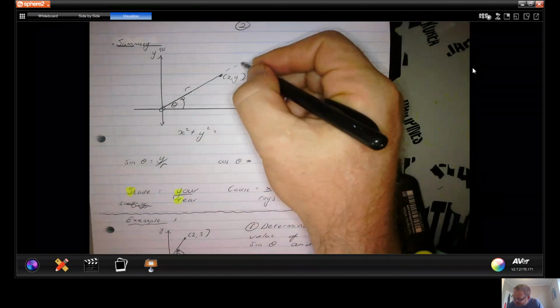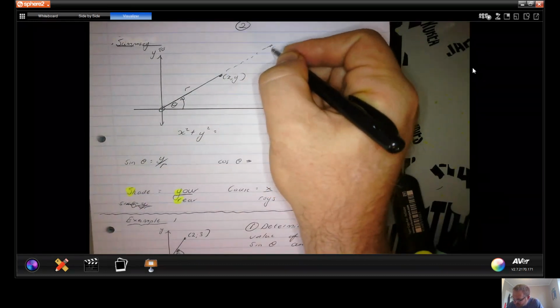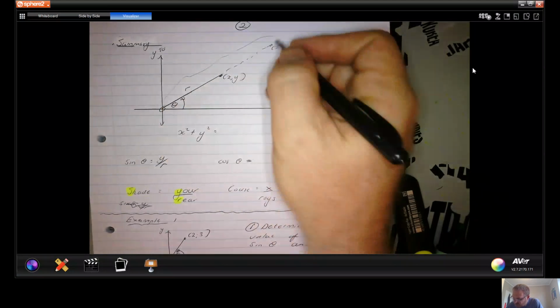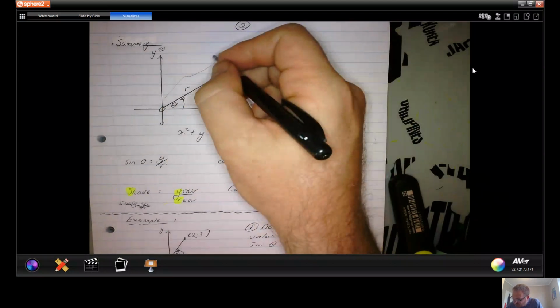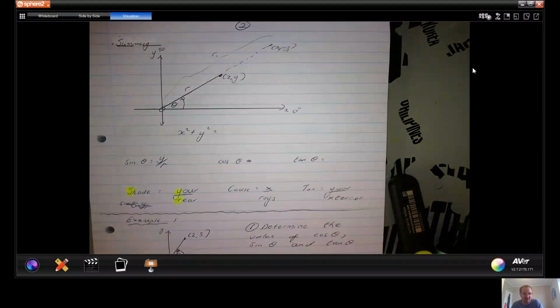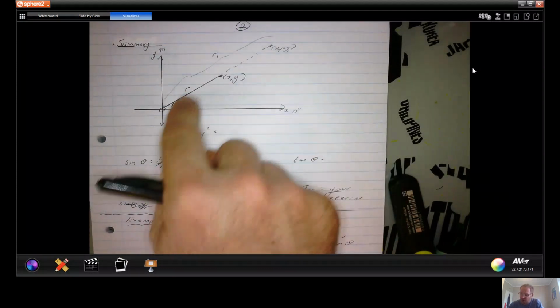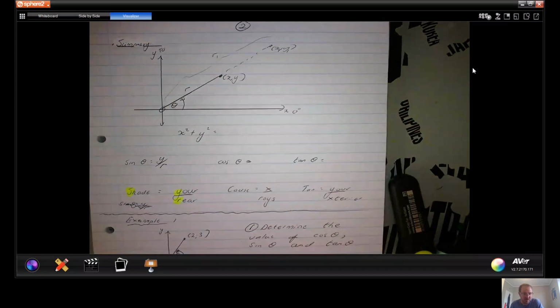Remember, if I extend the line and I have another point x1, y1, and r1, those ratios would stay fixed. So y over r here would be the same thing as y over r there, or over there. That ratio for that angle stays fixed.